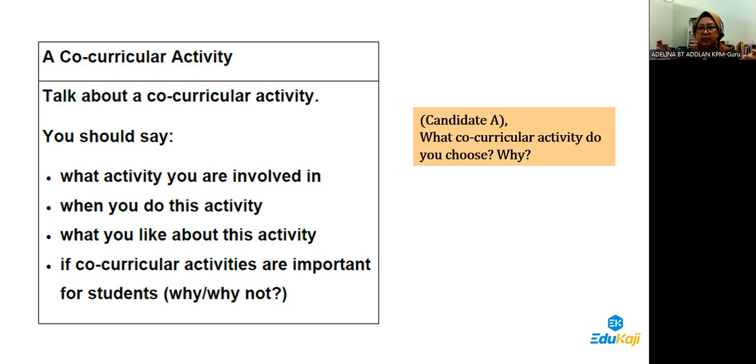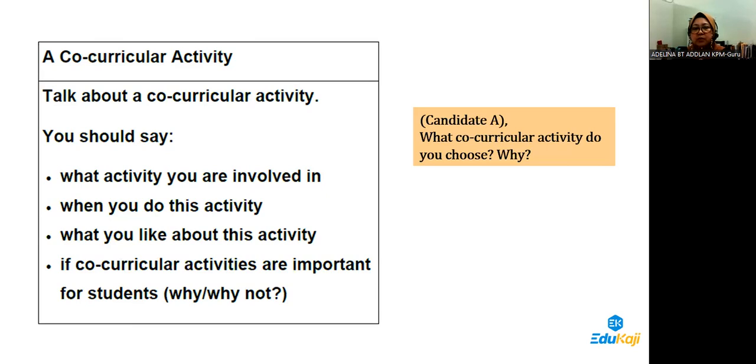Just use the word KRS. There is no specific word in English for that. Okay. Now, what do you do? When do you do this activity? I always do this activity every Saturday or every Wednesday after 2:30 p.m. or after school. It's still answerable.